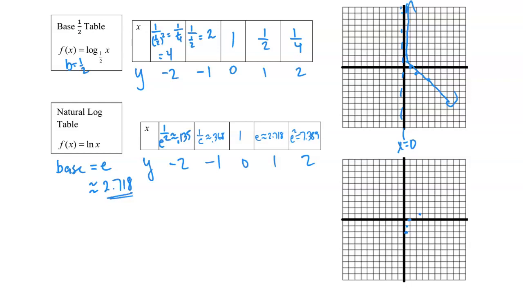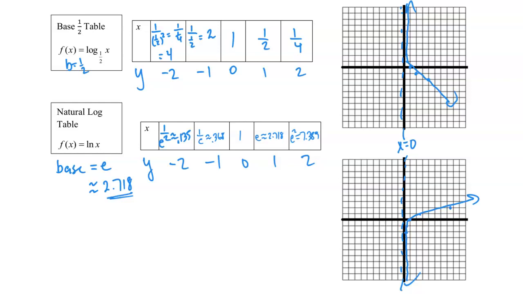And then (7.389, 2) is going to be down here somewhere. And so again, we're going to have this graph that has a vertical asymptote at x equals 0 and then increases in that direction.